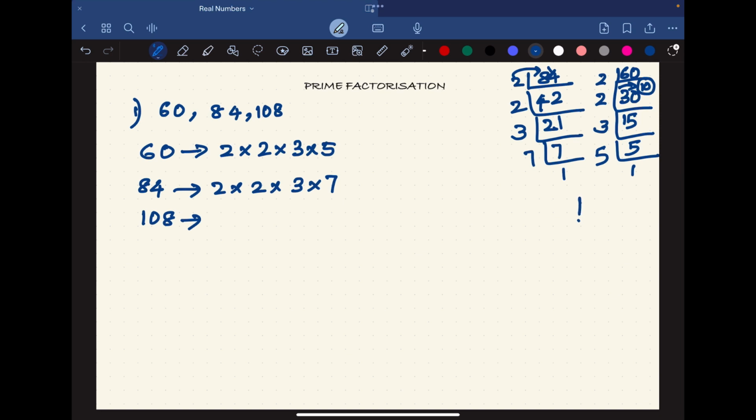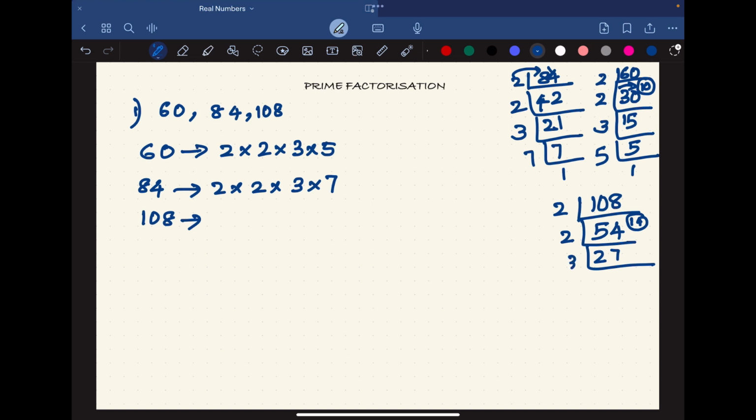Let's see 108. You can divide it by 2. 2 times which number? 54. Then again 2, 2 times 27. Is it possible for 2 again?